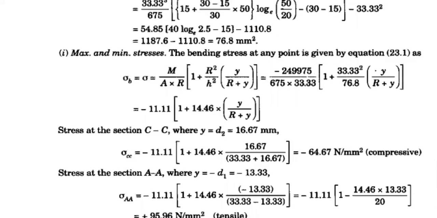What is the formula? Sigma B equal to sigma into m by A into r of 1 plus r square by h square, y by r plus y. This is the formula: y by r plus y.